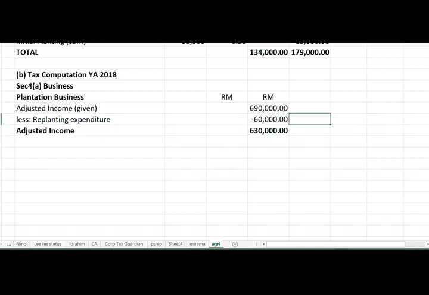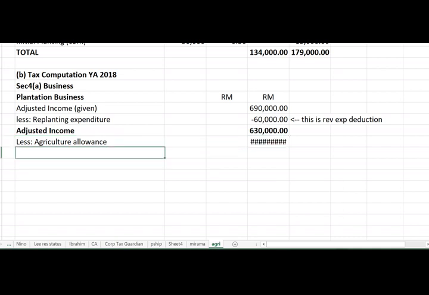Remember I've told you this? This is revenue expense deduction. Okay, now I'll allow you to take in your agriculture allowance, that the amount is 179,000.